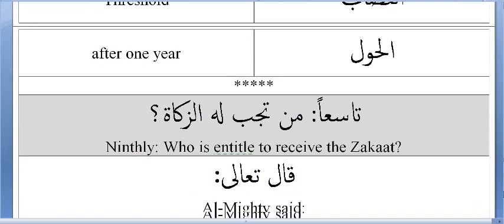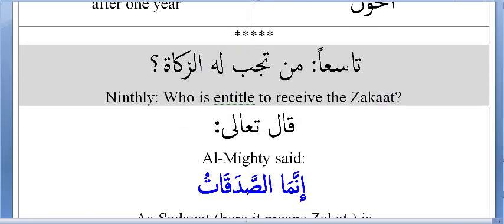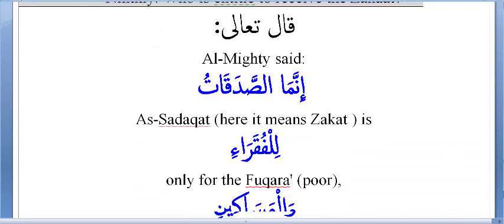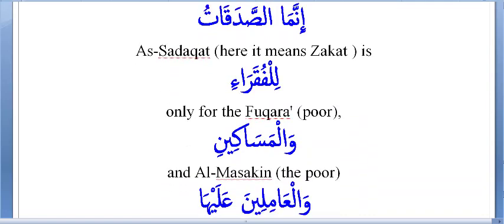The last one: who is entitled to receive the zakah? I said, إنما الصدقات, the zakat here, للفقراء والمساكين. What's the difference? Fuqara in English is poor, Masakin in English is poor, but Islam differentiates. Faqir is the one who begs.